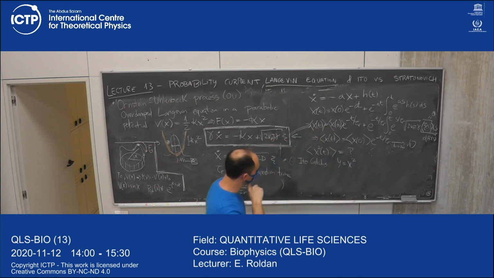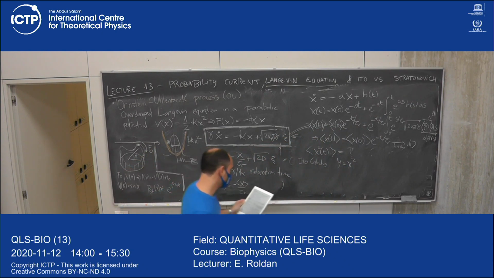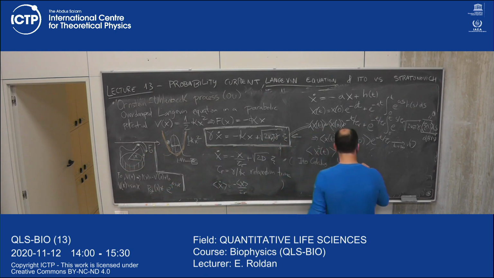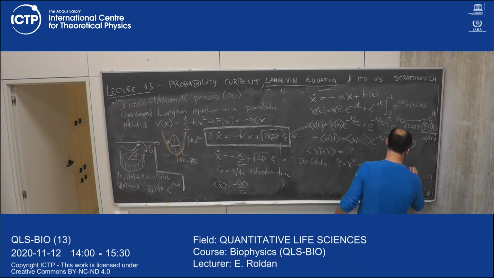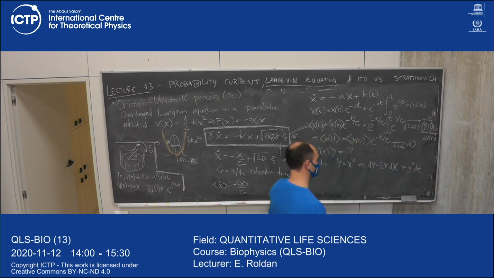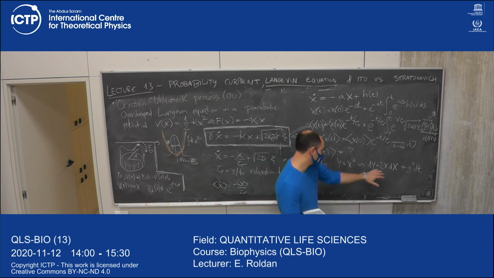What I told you in one of my previous lectures. So then I apply Ito's lemma, so dy is 2x dx plus g squared dt. Just revise my previous lectures and you will find this. So there is this part, which is what you expect from calculus, and there is the second derivative with dt.